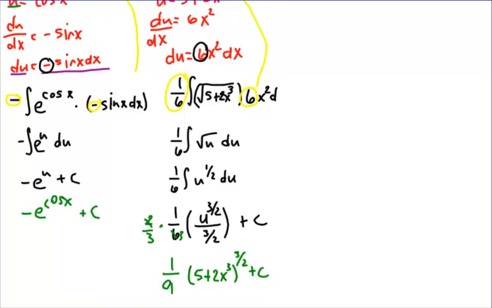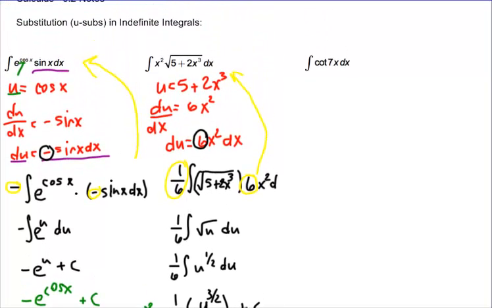Let's look at one more guy. Cotangent 7x. So, looks a little tricky. Let's use a little trig identity here. And let's just think about this guy in these terms: the indefinite integral of cosine 7x over sine 7x dx. Now one of those is the perfect derivative of the other.